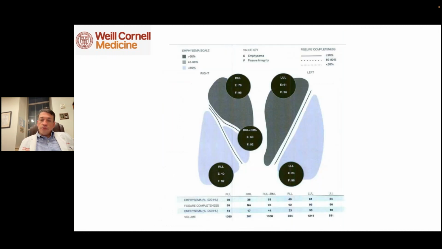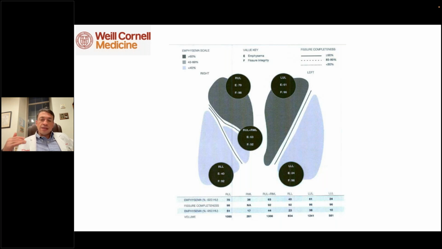So this report looks a little different because this is from the Olympus company. The concept is absolutely the same, but these guys use -920 Hounsfield units to establish their cutoffs.